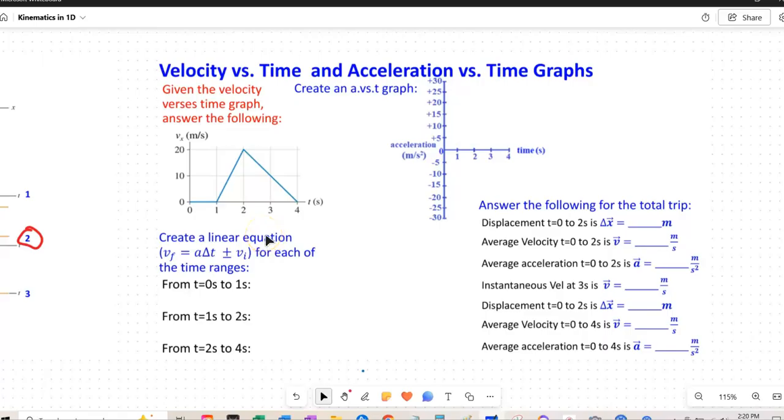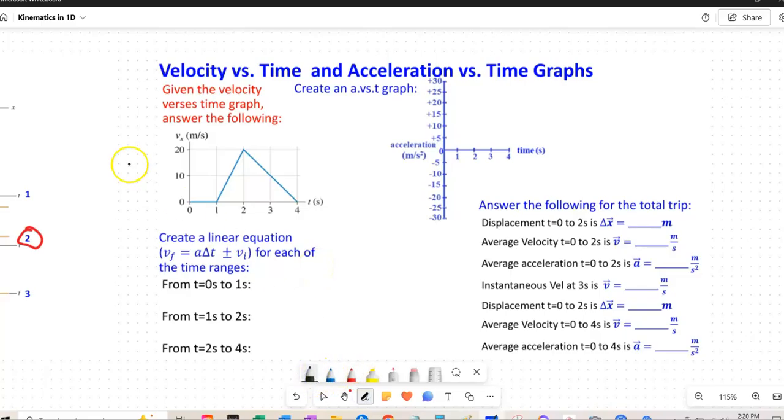So we're supposed to create linear fits for each one of those types of motion. We can calculate the acceleration for each one and then use that to put it on our acceleration versus time graph, and then start answering all these questions. So let's start trying this.